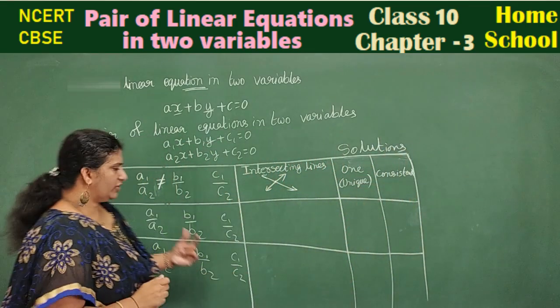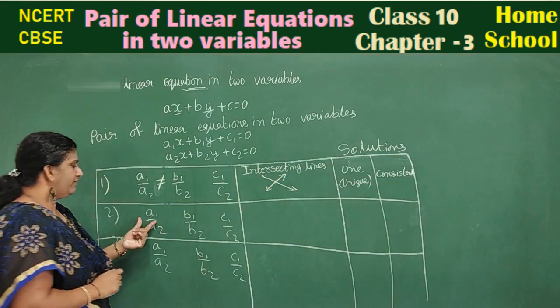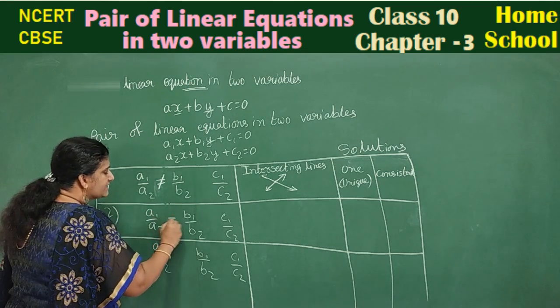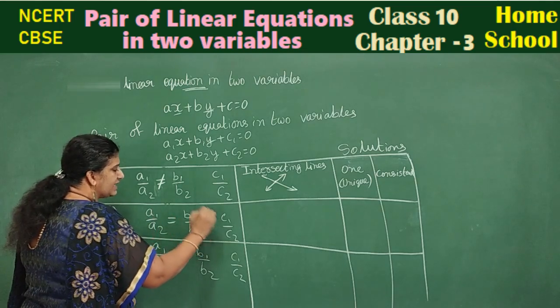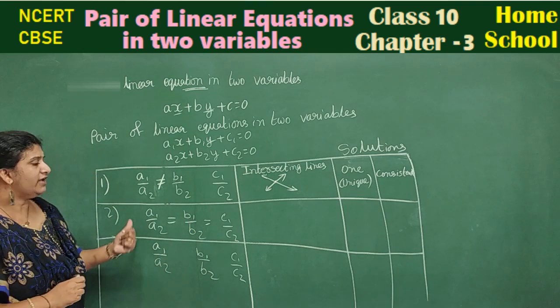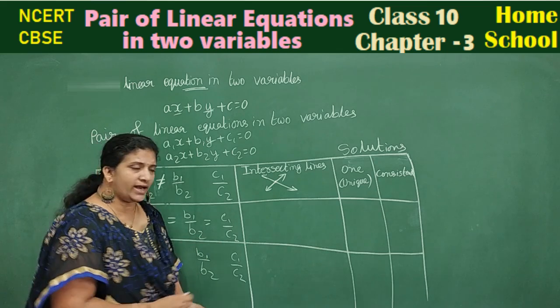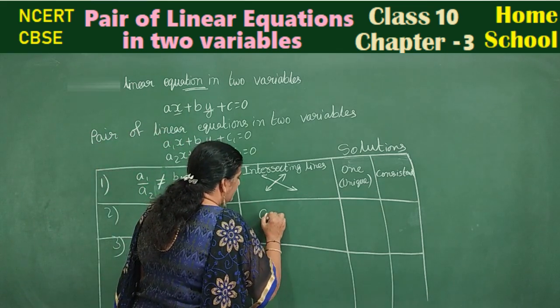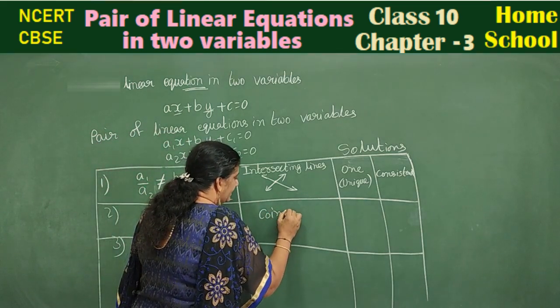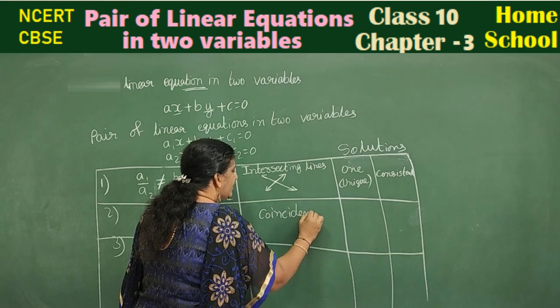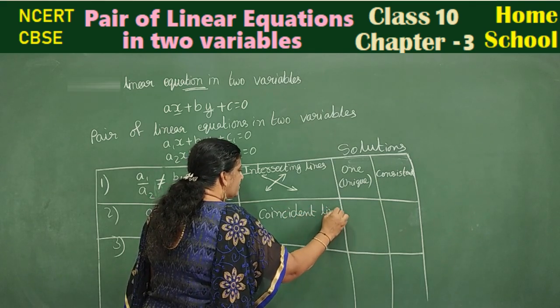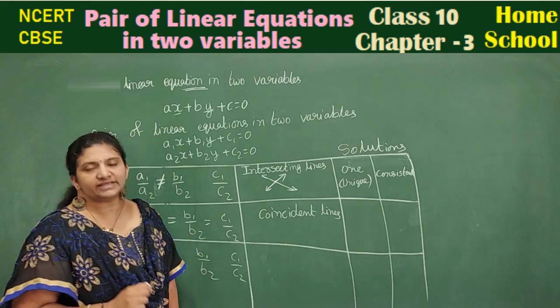Coming to your second case, if a1 by a2 is equal to b1 by b2 is equal to c1 by c2, that is, if all the ratios are equal, what happens? The two lines will be coincident. You can observe coincident lines in your graph when you plot these two equations.